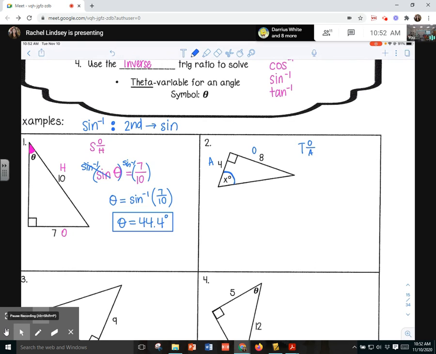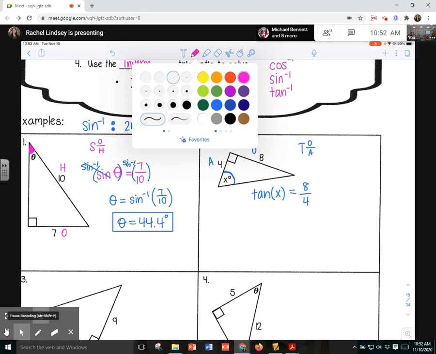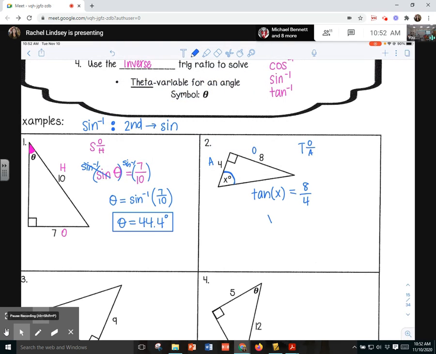So I'll have tangent of angle X equals my opposite 8 over my adjacent 4. So when I tan inverse both sides, the tangent would go away, and I'd have tangent inverse of what's 8 divided by 4? 2.